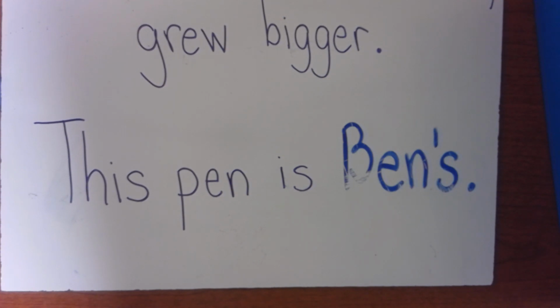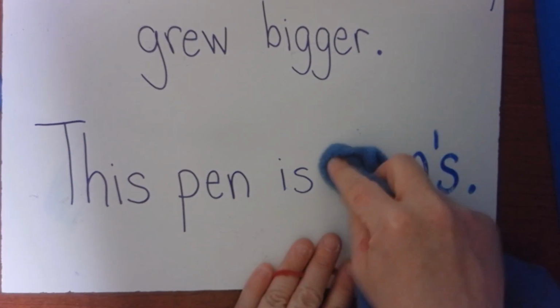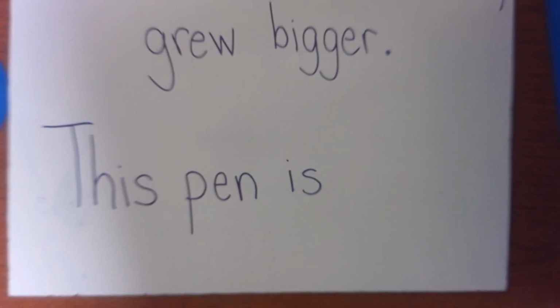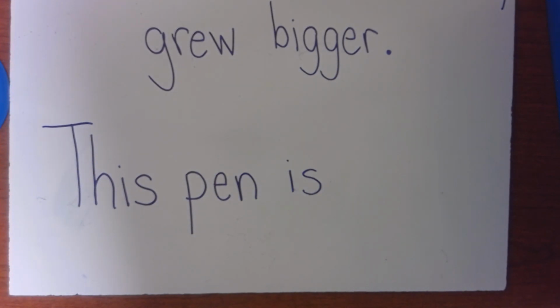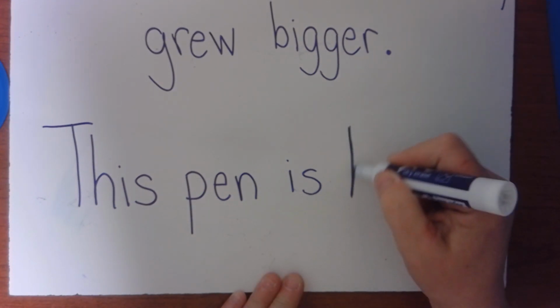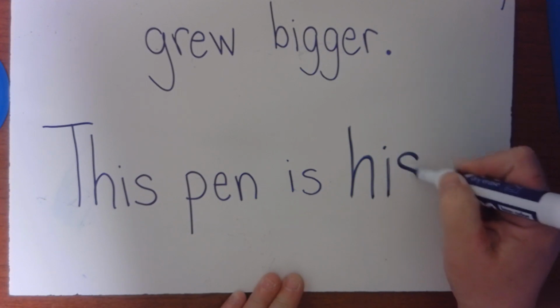This pen is Ben's. Can you see my apostrophe S? What does Ben own? Yeah, he owns the pen. What happens if I took out Ben's? Would I say this pen is he? No, you're right. I would say this pen is his.